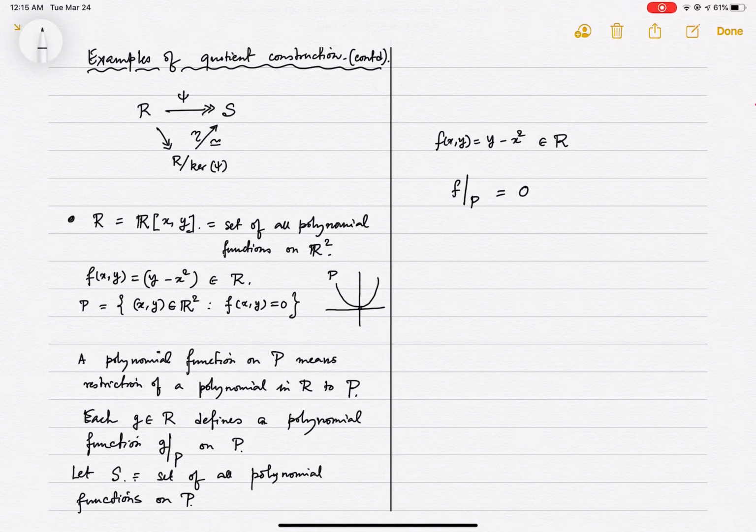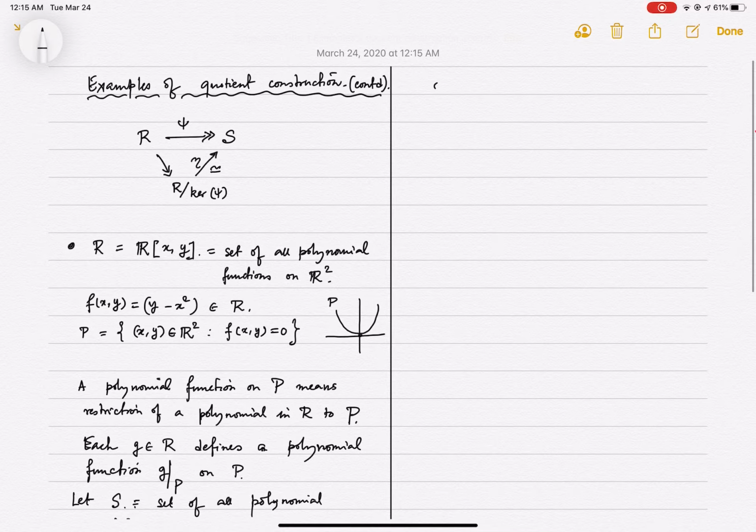So this function f and the zero function are two different things in R, but they define the same function in S, because they define the same function on my parabola. Note that f restricted to P is 0.